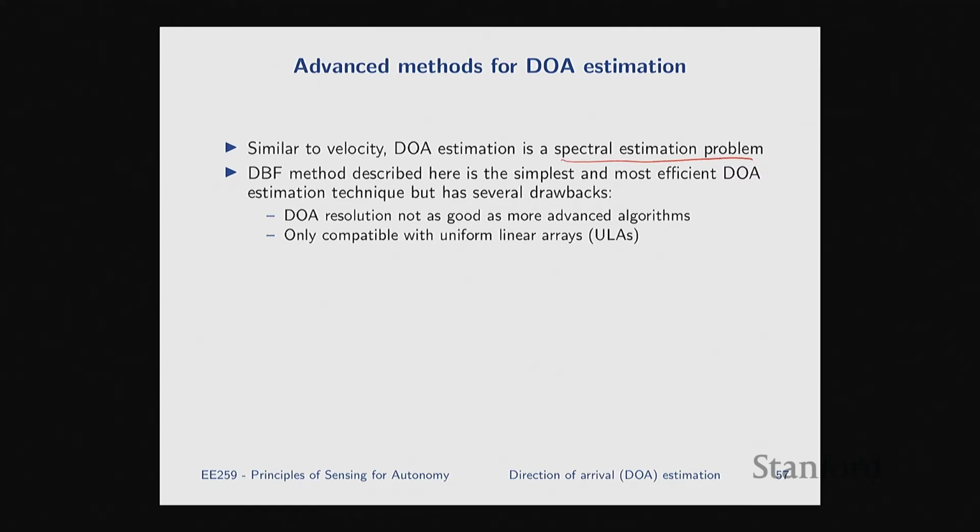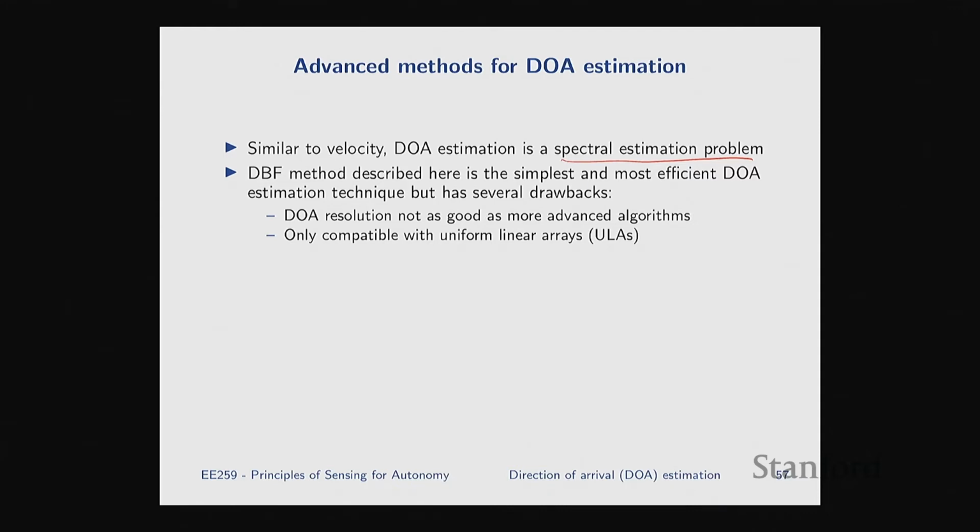And the FFT algorithm is the simplest, most efficient thing you can do, but in terms of performance, it is not the best performing algorithm, right? That's very, very important to note, and that means there's huge opportunity in the DSP domain to improve the performance of these types of radars.